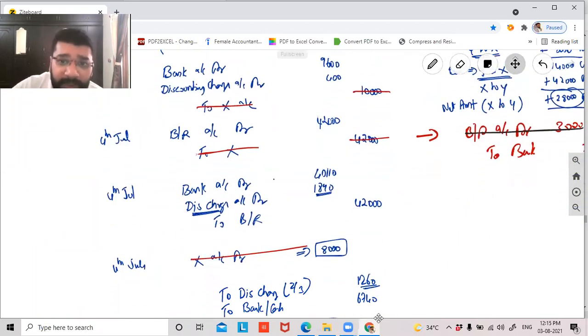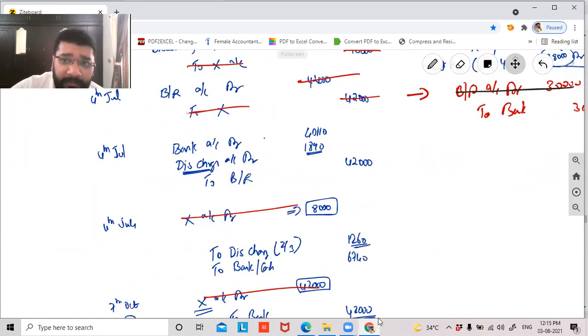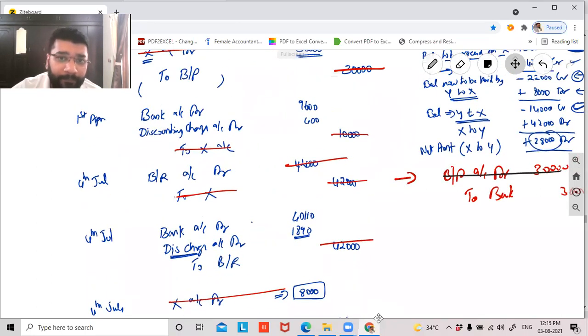Bills receivable 42,000 debit and 42,000 credit is done. Is there any other account left? No. Normally what you try to close is the party account, bills receivable, bills payable account. Ensure that these 4 accounts should be closed wherever open. Nandini, now fine, comfortable? Yes, sir.